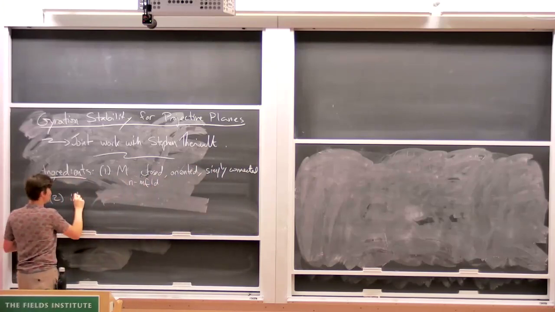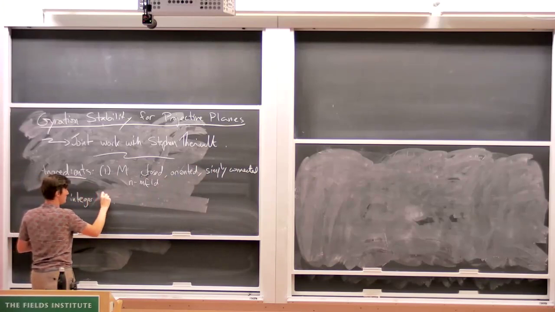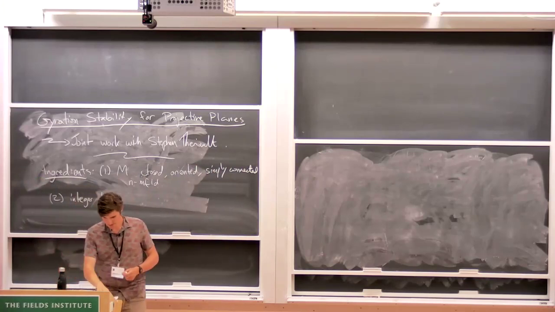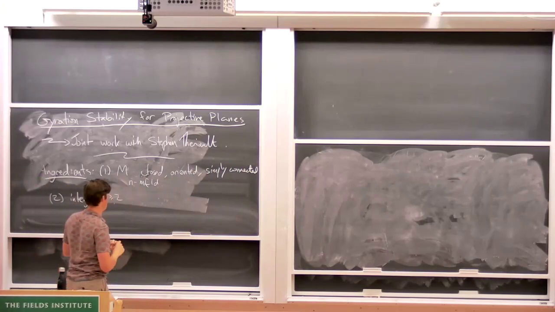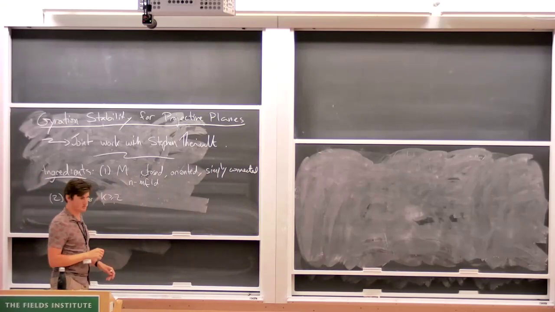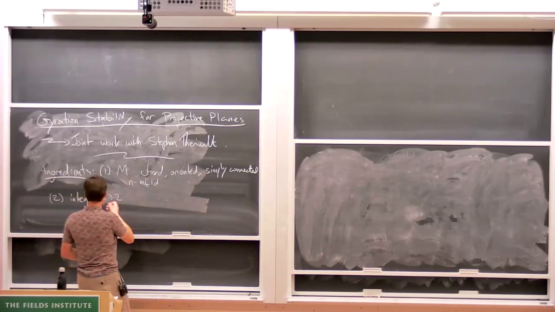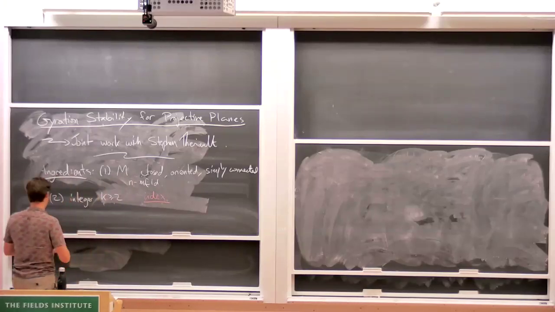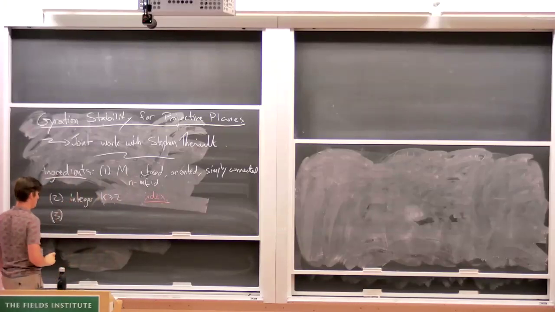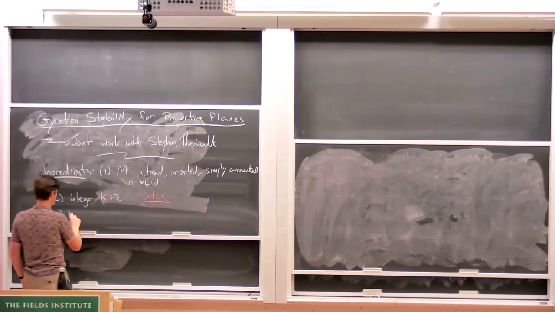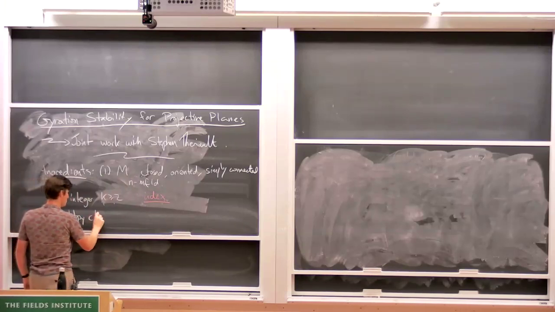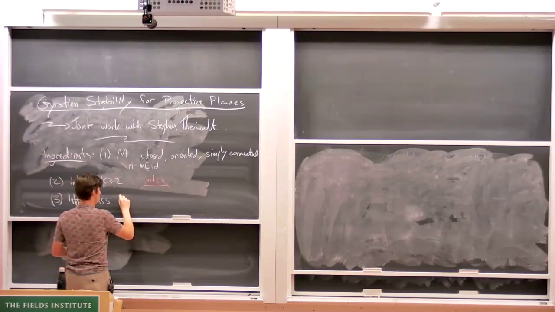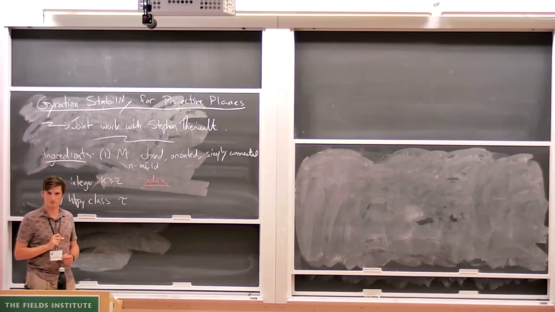Second thing is you need an integer k at least 2. I suppose really n ought to be at least 3 for what I'm going to say. But we call k the index. And the third thing is you need a homotopy class which I denote by tau.